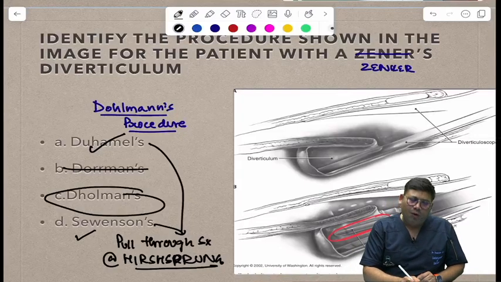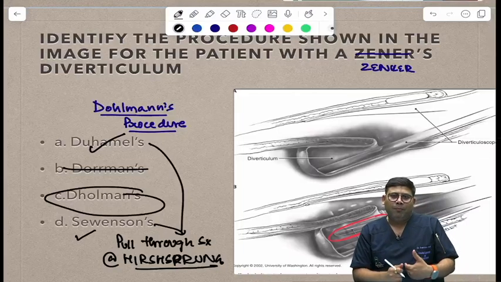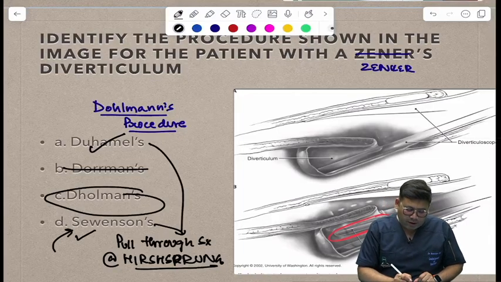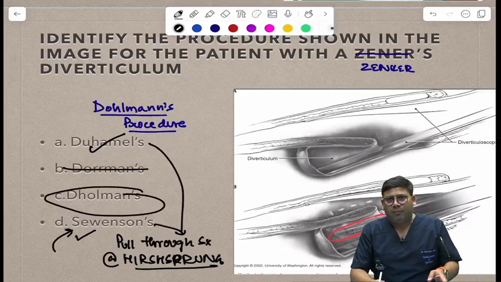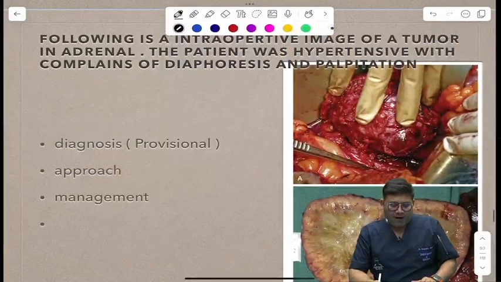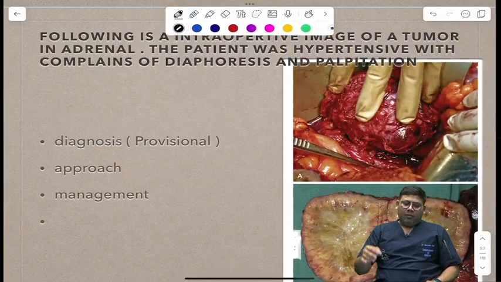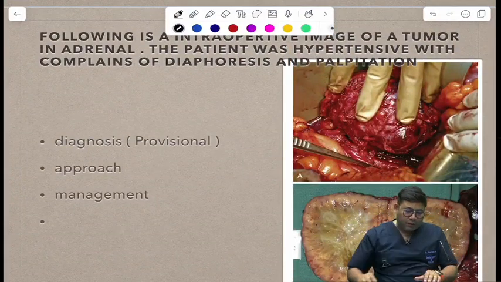Basically in Duhamel you have posterior rectal pull through. In Stevenson's we also do a pull through, but before that we do a mucosectomy of the redundant mucosa.